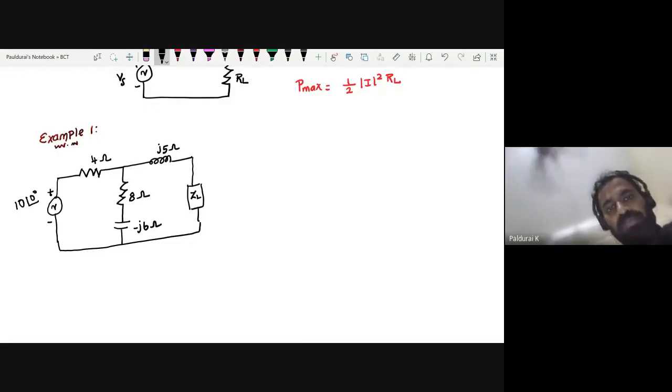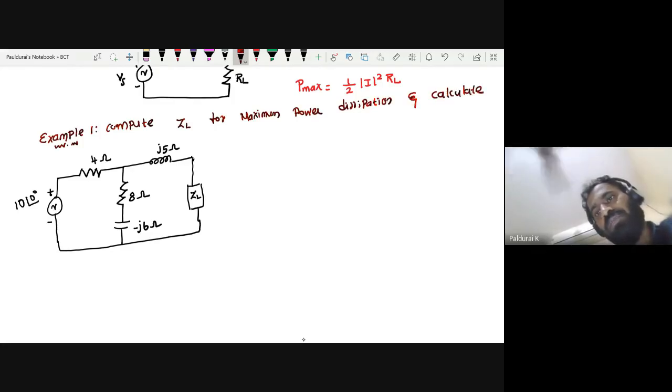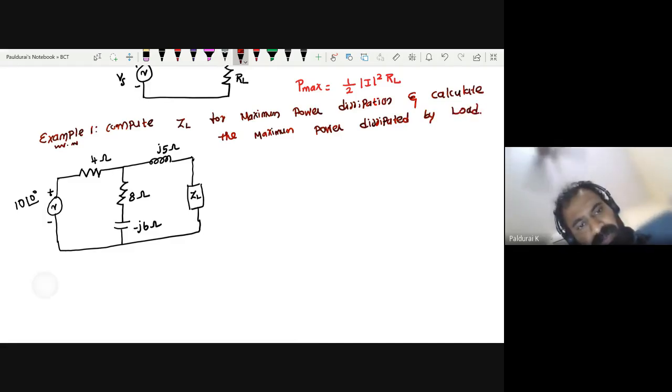The problem: compute ZL for maximum power dissipation and calculate its value, and calculate the maximum power dissipated by the load.